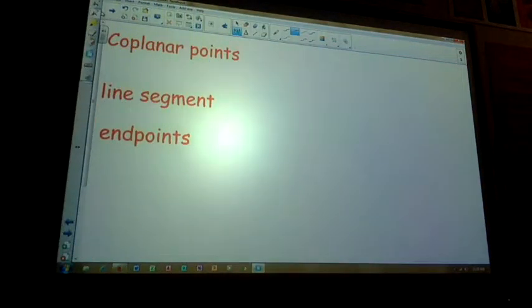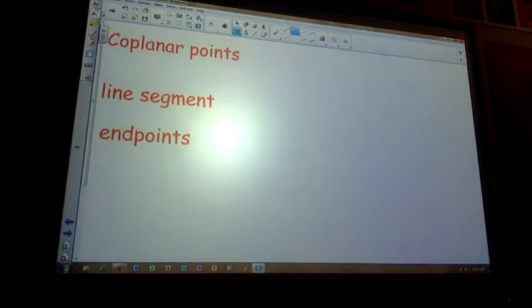So coplanar points. Sorry, but today I don't have quite as neat a thing talking about multi-dimensions, though it was pretty cool. But so coplanar points.